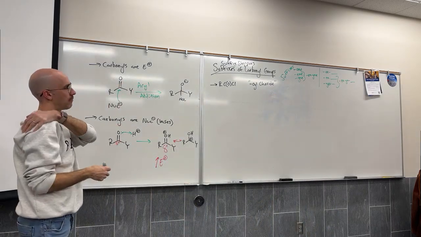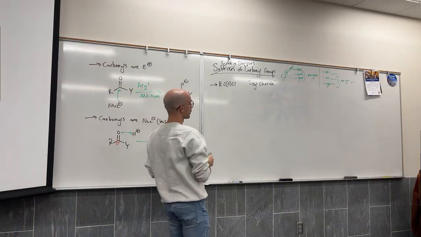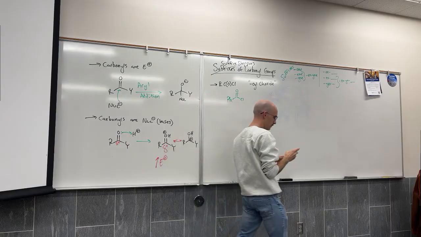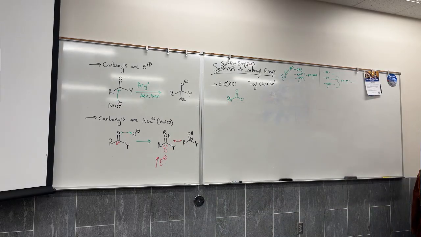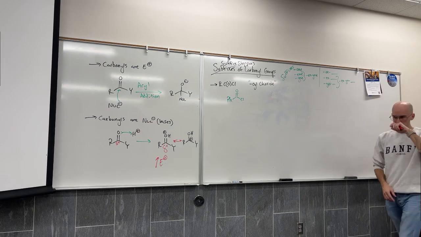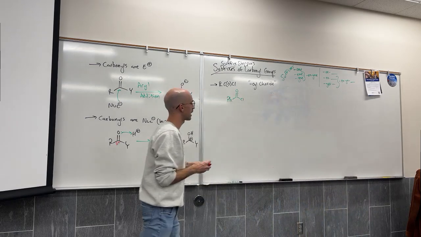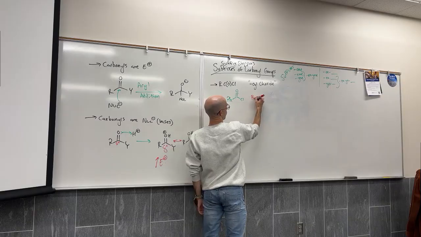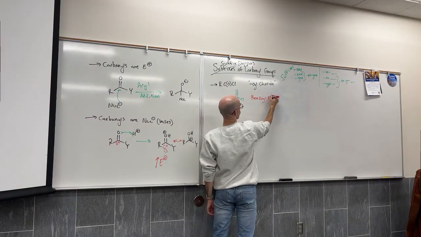So now I get something like benzoyl chloride. Here's a good example. If I have benzoic acid, benzene substituted by an acid chloride, it looks like benzoic acid, but it's the acid chloride. In the same way that I take benzene and make benzoic acid, this gives me benzoyl chloride.